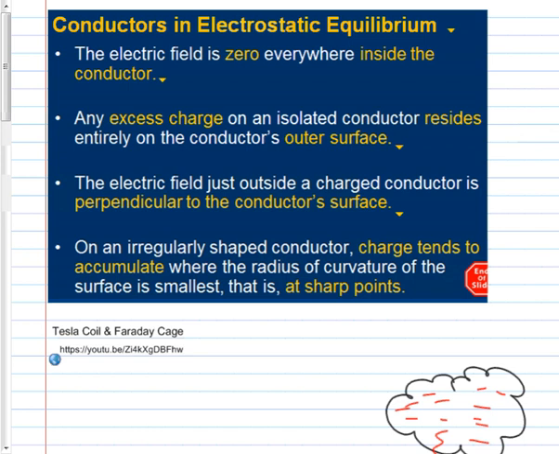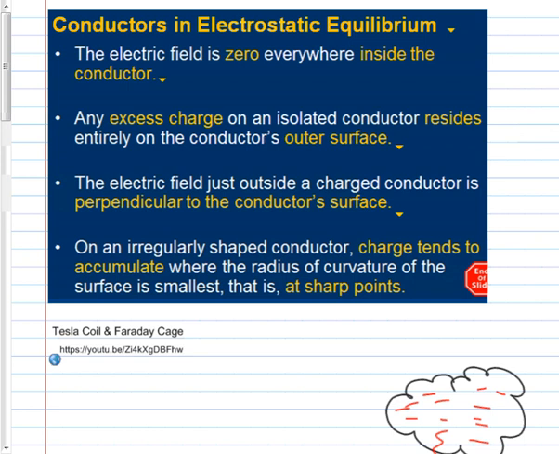This can be expanded to that lab where you had what we call the Faraday cage. If I made a ball out of metal mesh and charged it up, inside that ball would be 0 net charge. All the charges would be residing on the surface of that wire mesh ball. So you would be safe inside that wire mesh ball, even if there were charges charging up that Faraday cage, as it's called.